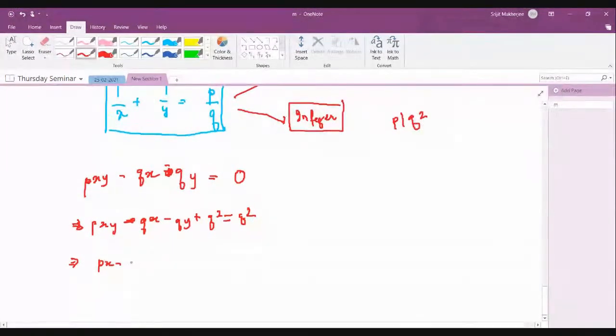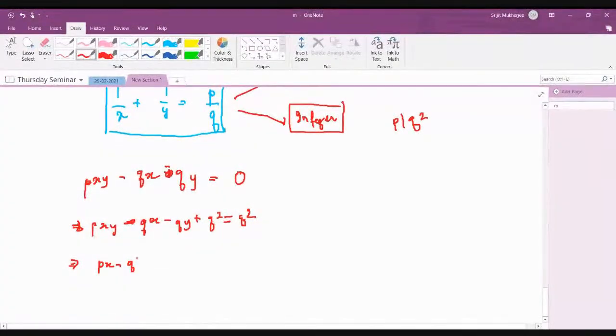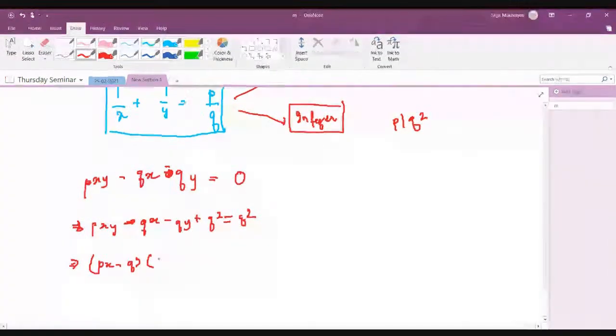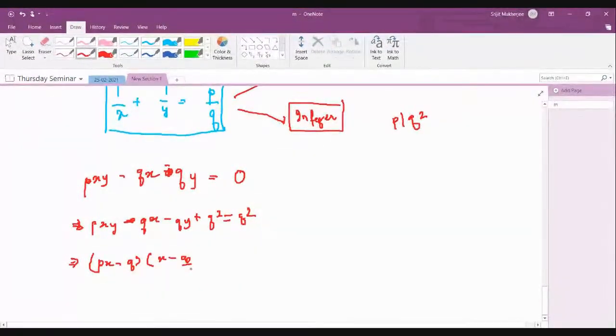px minus q, will it be in the same manner, times x minus q by p, no wait, y minus q by p.